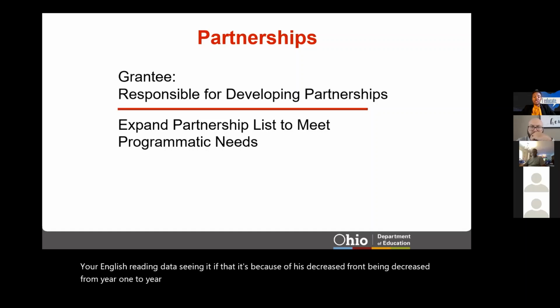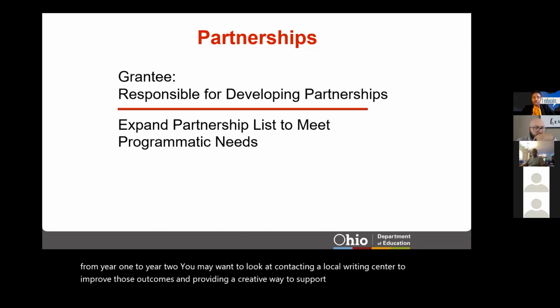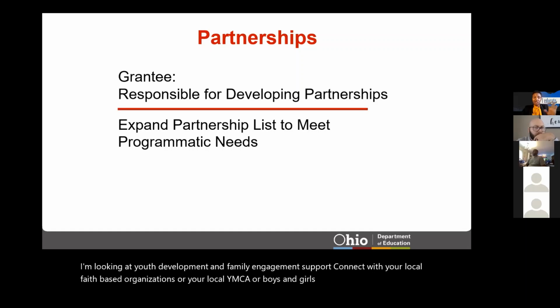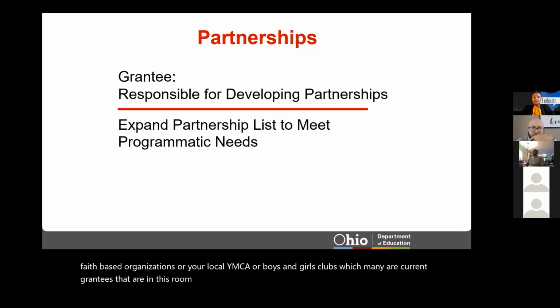You may want to look at contacting a local writing center to improve those outcomes and providing a creative way to support your students. Looking at youth development and family engagement support, connect with your local faith-based organizations or your local YMCAs or Boys and Girls Clubs, which many are current grantees that are in this room, other organizations or school buildings that have wraparound supports.